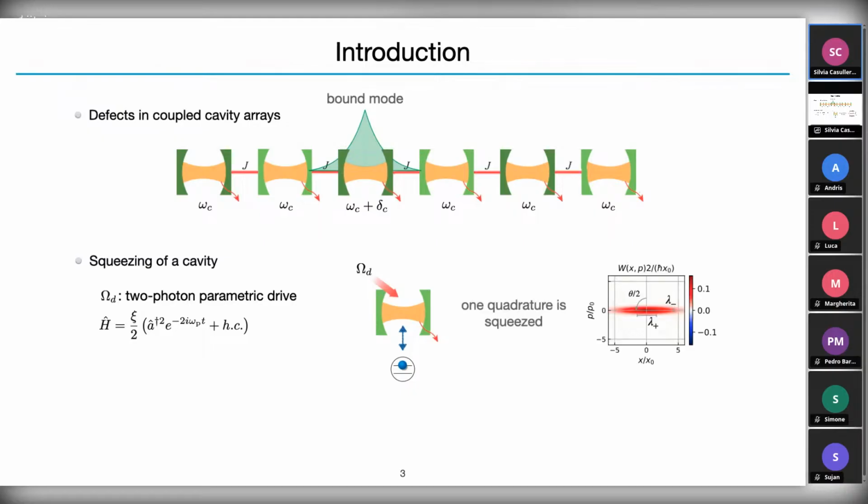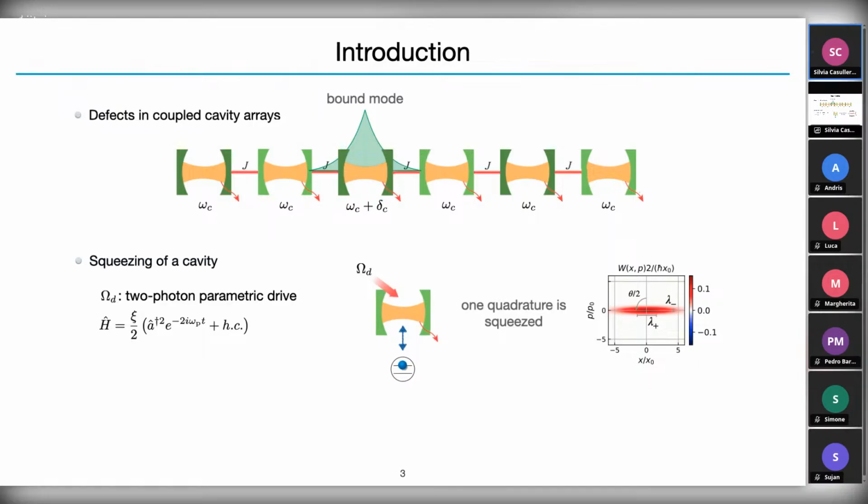And here it's sometimes also called squeezing, because what is happening to the modes inside the cavity is that one of their quadratures gets squeezed. So, for instance, the Wigner function of the cavity mode would get squeezed along one direction and expanded in the other.